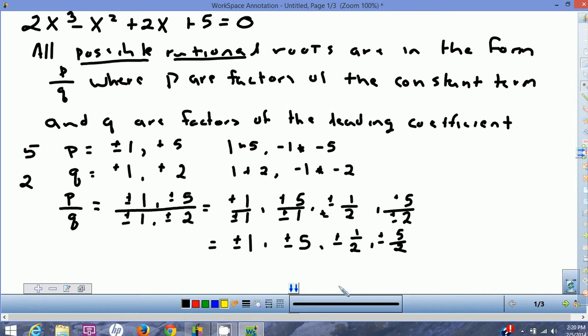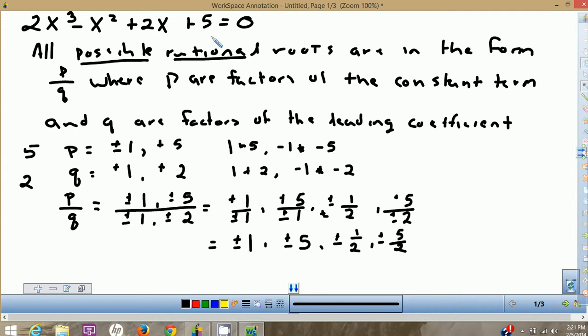Now, there are a couple ways to determine if any of them actually are. I can make a t-chart. I can plug all of those values in. I can run a table on my calculator. I can verify whether or not they are actual roots by substituting each one of these in turn into this function. All of those are valid methods for determining which ones actually work out to be roots.